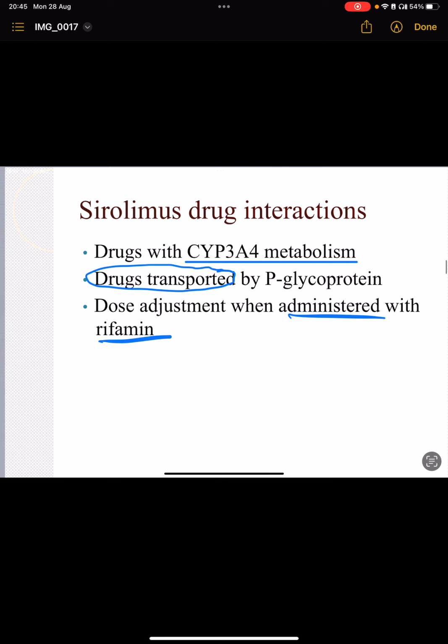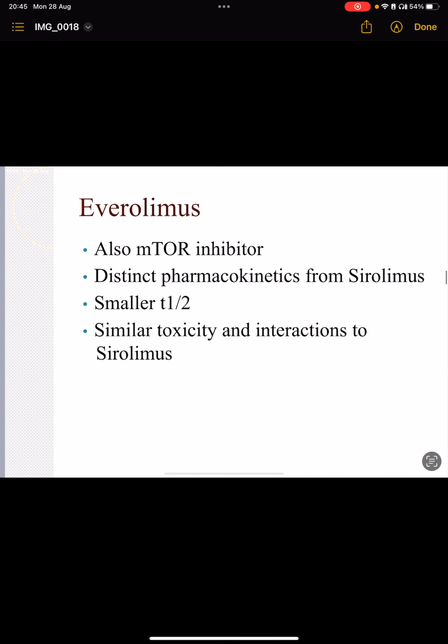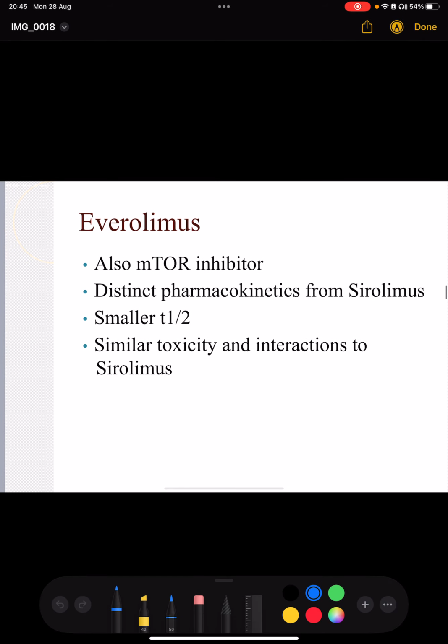Now let's talk about another drug. Sirolimus is done. Let's get to everolimus. It's easy once you've studied sirolimus because it is also an mTOR inhibitor, just like sirolimus. It has the same pharmacodynamics as sirolimus, but distinct pharmacokinetics.